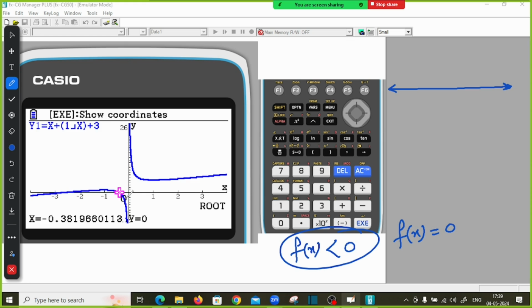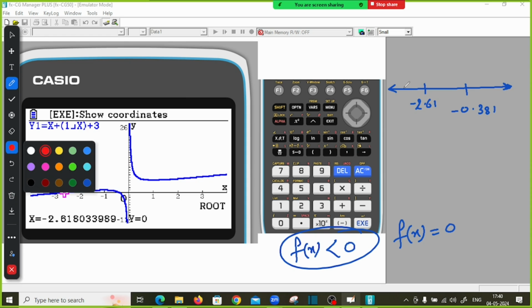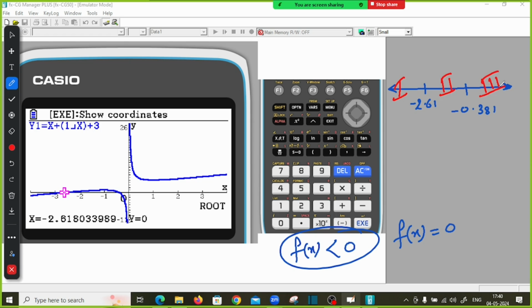So it will be equal to 0 at 2 points: one is minus 0.381 and the other was minus 2.61, right? When you mark these two roots on a number line, our number line gets divided into three parts. This is the first part, this is the second part, and this is the third part.